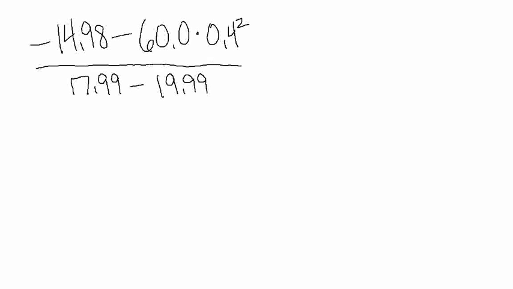All right, so I'll go ahead and work this one out as well. So the first thing we have to do is simplify the power. So that'll give 0.16. You can see that by working out the multiplication explicitly. Okay.